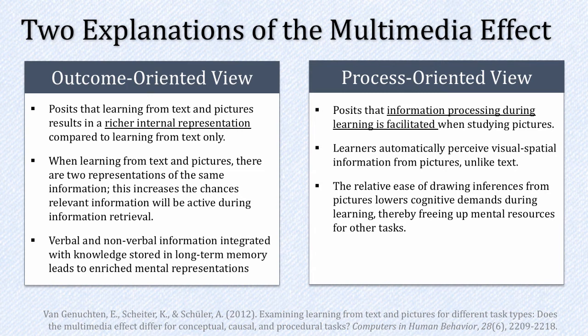Because they've been exposed to it ideally in 2 channels, that increases the odds that they're going to be able to encode it and then retrieve it when they need to from memory. And finally, verbal and nonverbal information integrated with knowledge stored in long-term memory should lead to enriched mental representations. So those 3 points explain the idea behind the outcome-oriented view of the multimedia effect.